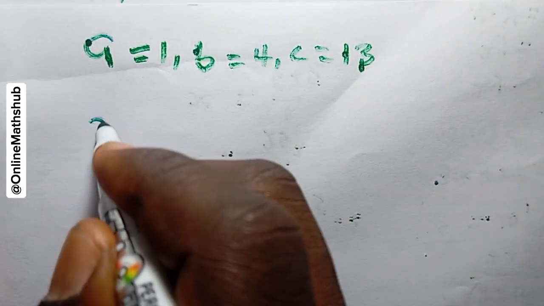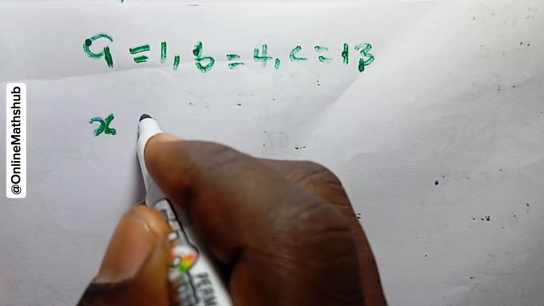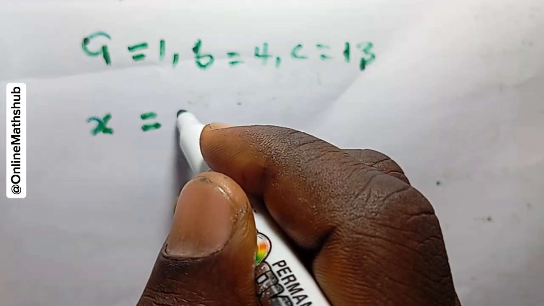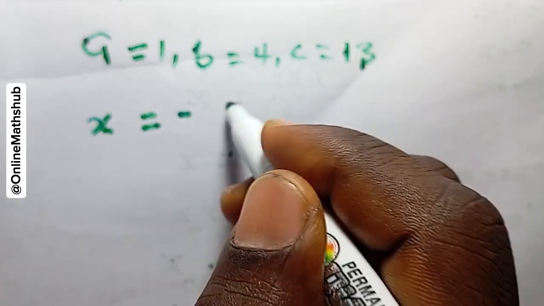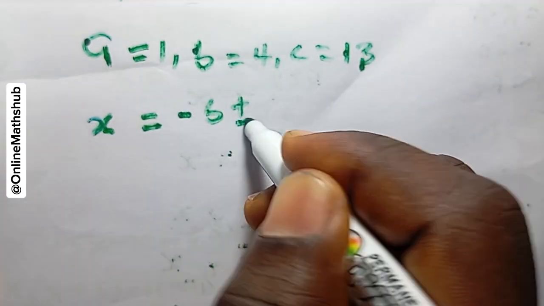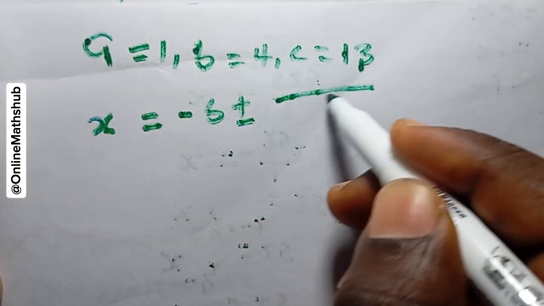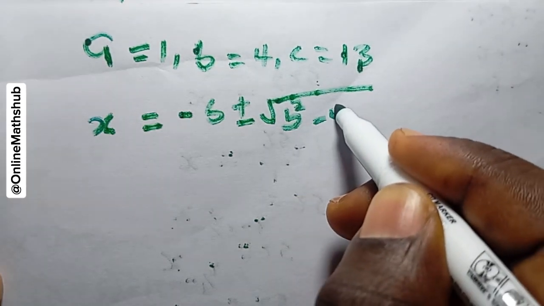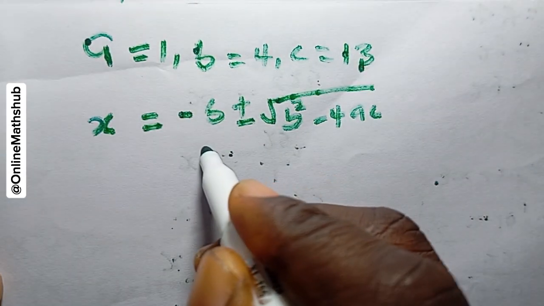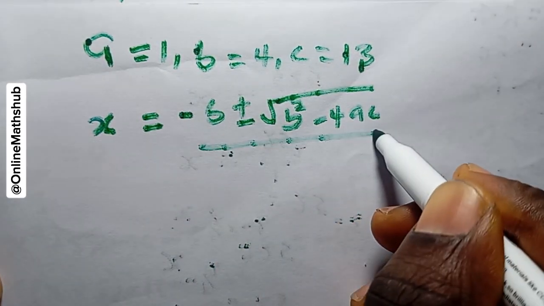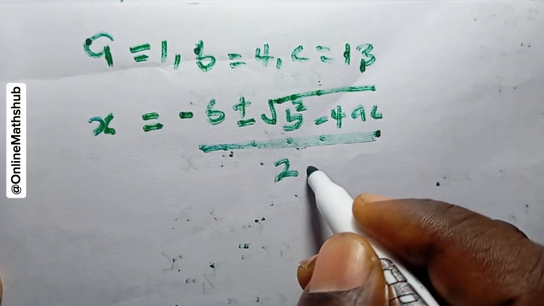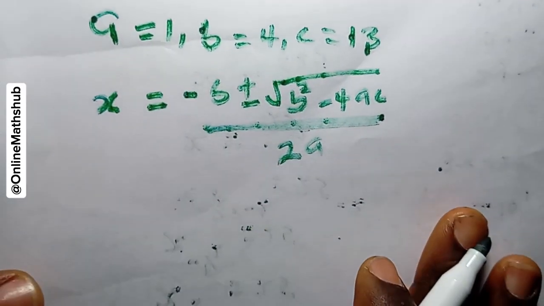If we compute all of these in the general formula, x is equal to minus b plus or minus the square root of b squared minus 4ac, all divided by 2a.